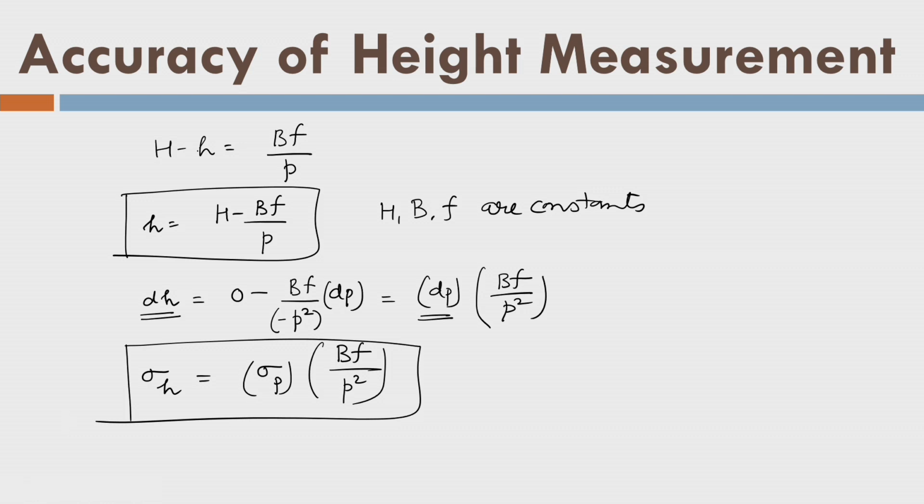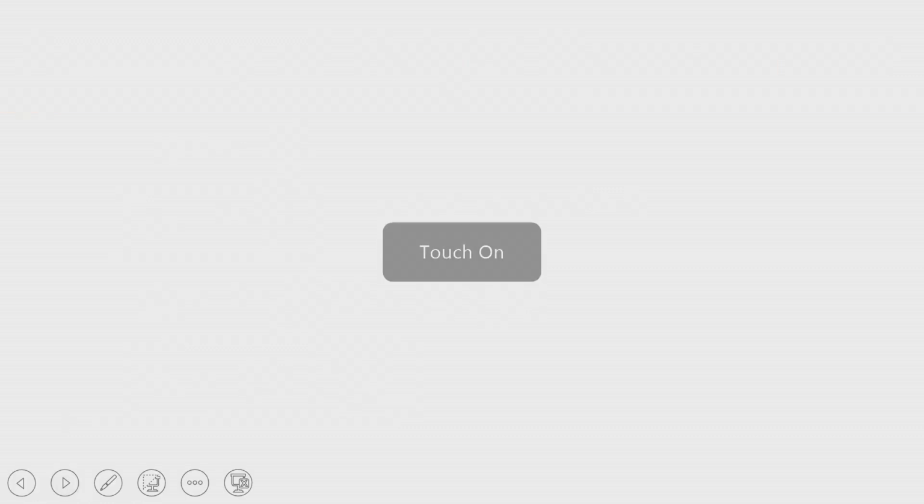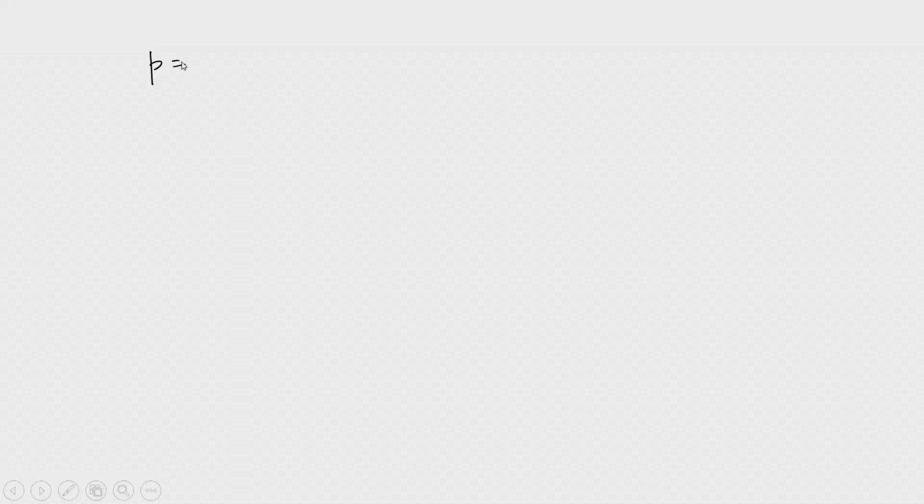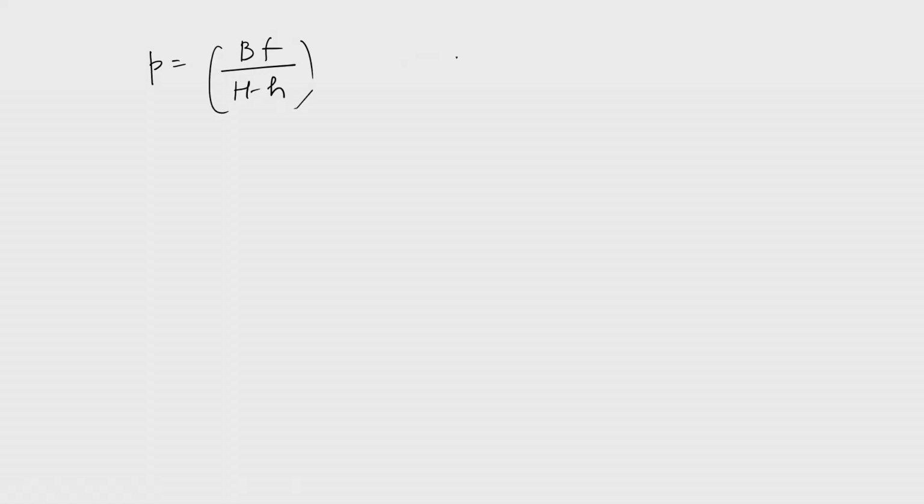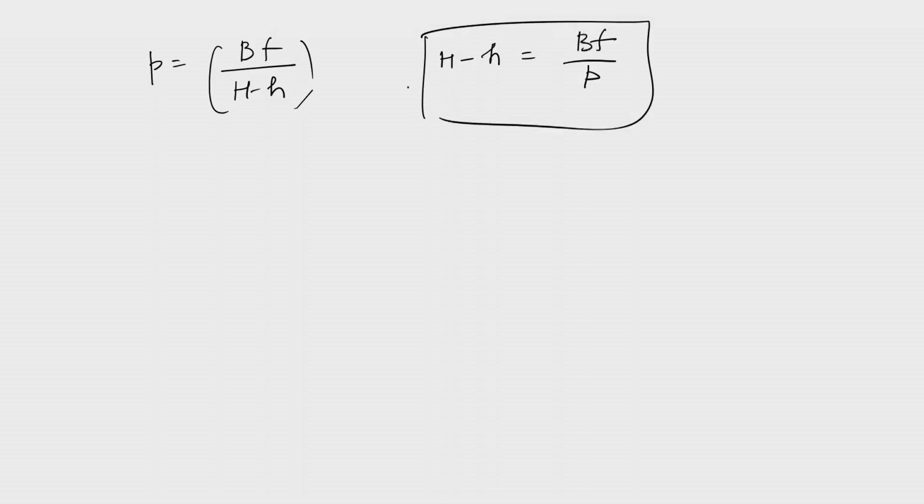So one more expression of the height measurement is there. Now write P is equal to Bf upon (H minus h). From the formula we know that H minus h is nothing but equal to Bf upon P. So I am writing this formula from here. So there I can also say what is my dP.